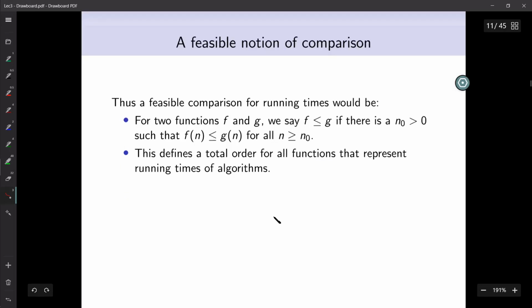Now you can easily see that this defines a total order on all functions, but with one caveat: functions that represent running times of algorithms. So one exercise would be: what kind of functions represent running times of algorithms?